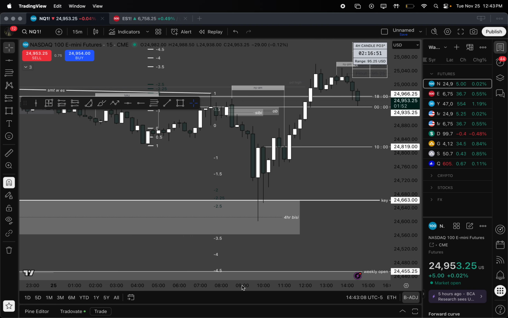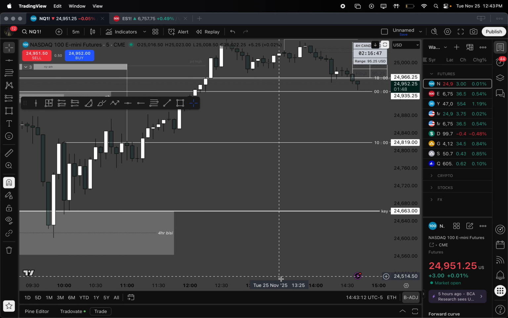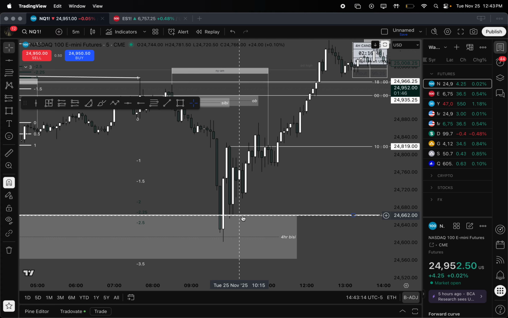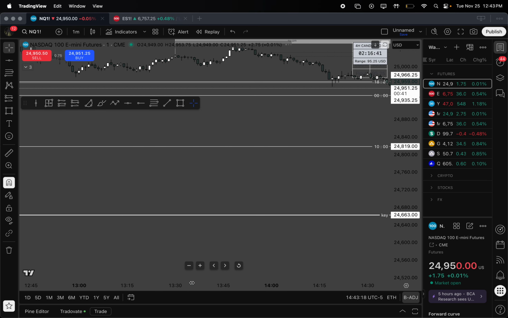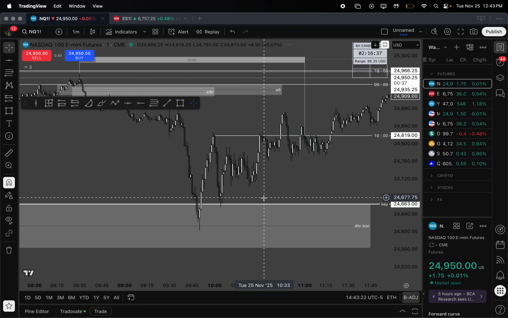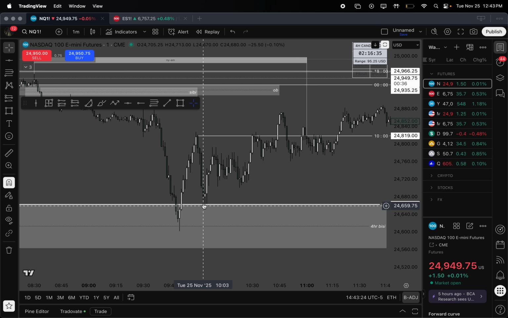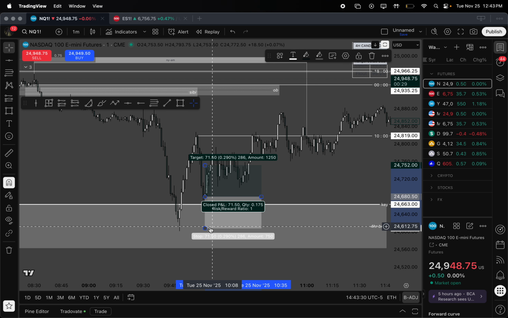So this level right here was super clean. That was my key level that I saw, and we tapped it. And then I literally just entered off of like the reaction on the 1-minute. Like I saw we flipped bullish here, so I just entered like somewhere in here.